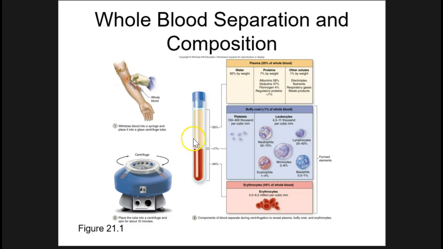The remaining 55% should be plasma. So what's the hematocrit? What's the percentage for the hematocrit? 45% is the percentage for the hematocrit. In a healthy person, that hematocrit should be 45%. That's how we say that.